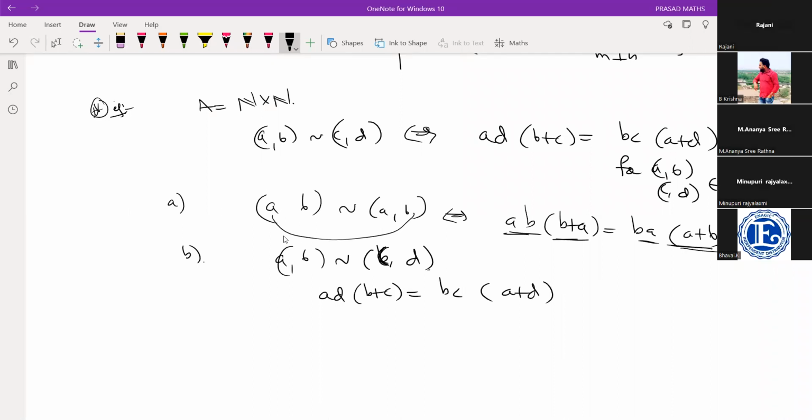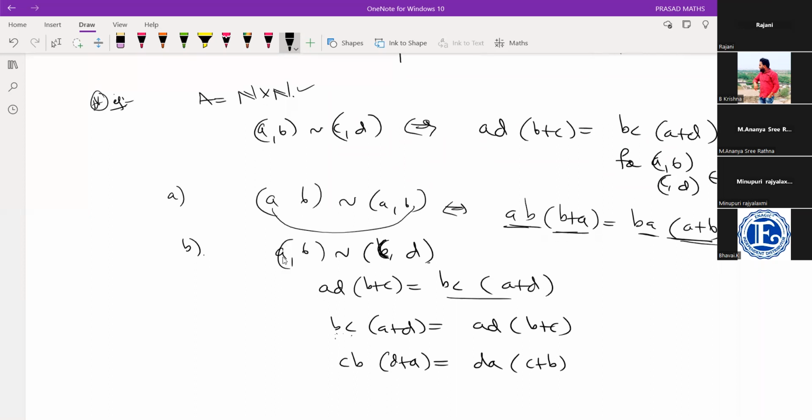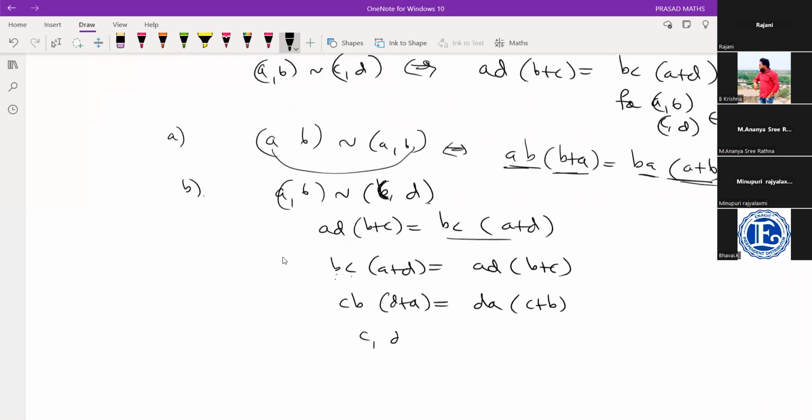But this can be written as bc(a + d) = ad(b + c). Since a, b, c, d are natural numbers, they are commutative with respect to addition and multiplication. Therefore, this can be written as cb(d + a) = da(c + b). But this is exactly the same as saying that (c, d) is related to (a, b), yes or no? Yes, sir. So symmetric.